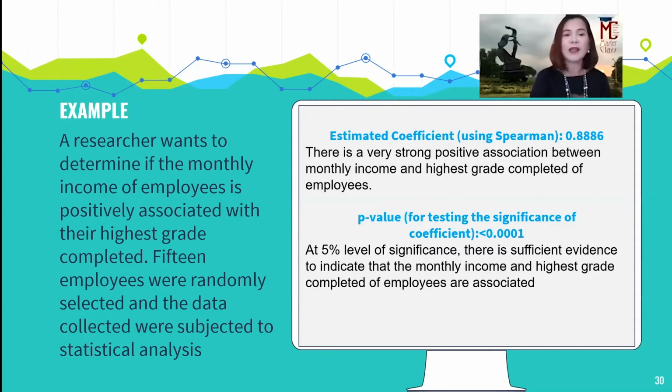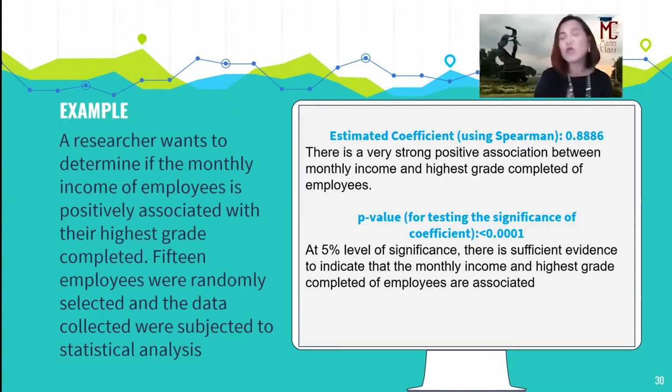Let's look. One variable is income. Income is a quantitative variable, so that is ratio. The other variable is the highest grade completed, which is a qualitative variable, but at the ordinal level.